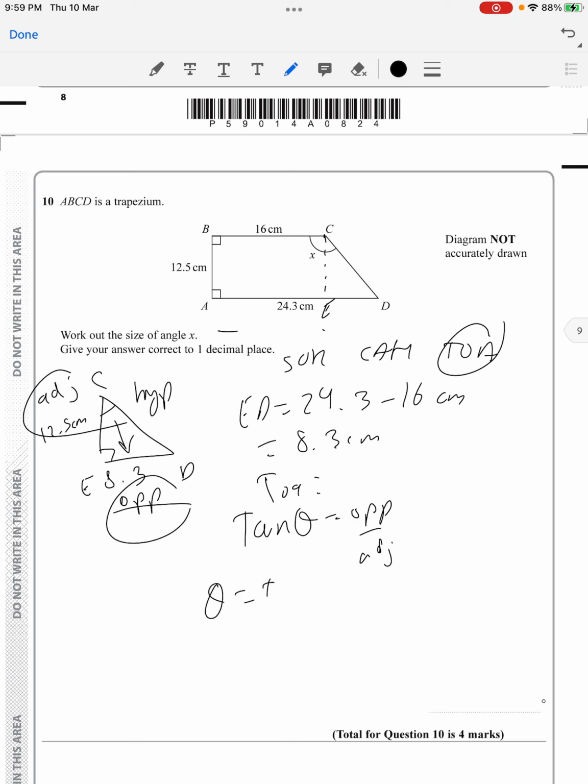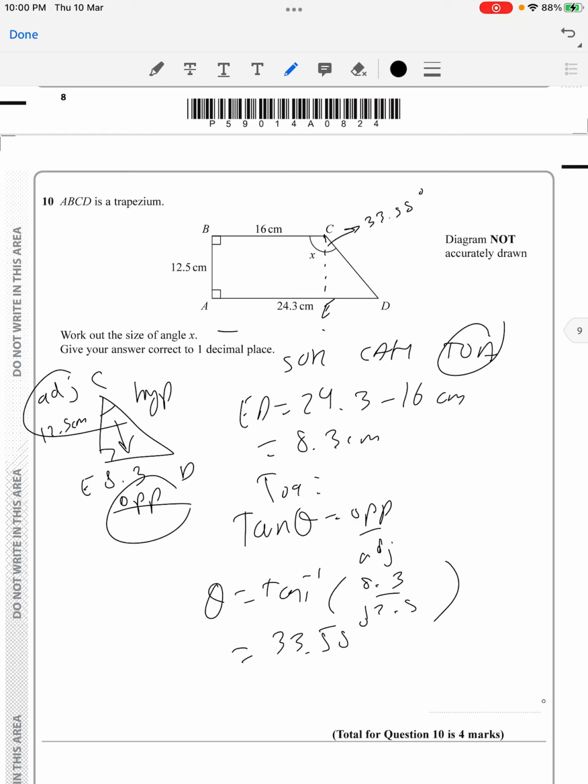To find the angle, it's tan inverse of opposite, in this case 8.3 divided by adjacent 12.5. Once we find that value, we should get approximately 33.58 degrees, and we can give that as the angle of ECD.